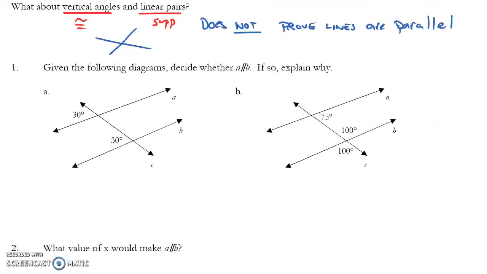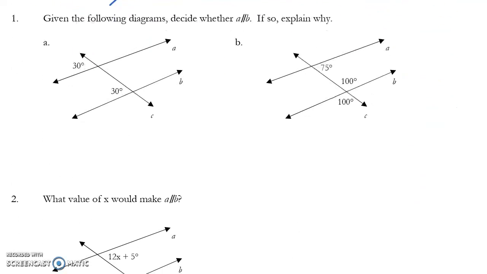So let's look at a couple application type problems here. If I want you to decide whether line A is parallel to line B, and if so, explain why, you're looking at, in this case, these angles. If I look at this angle, that's 30 degrees, and this angle, that's 30 degrees. These angles are congruent.